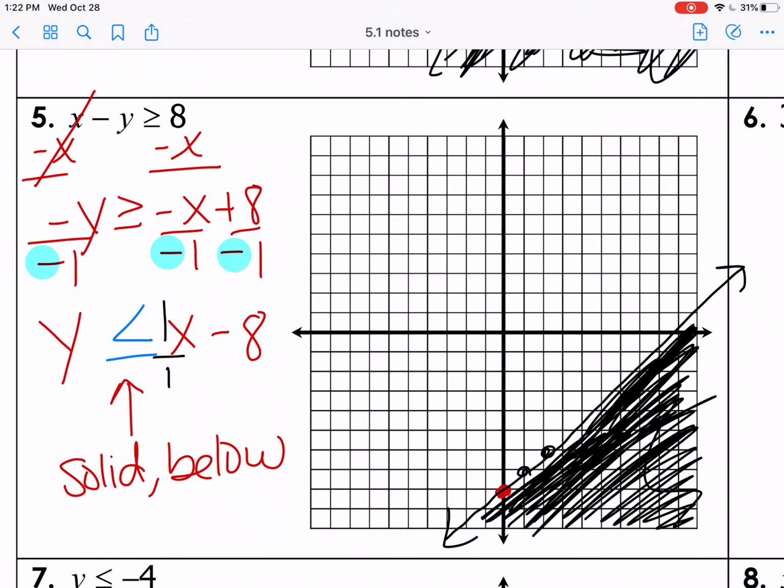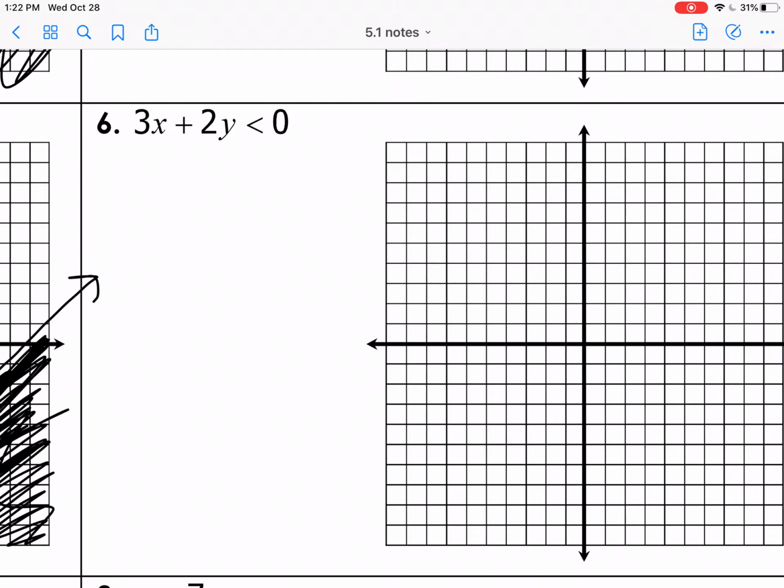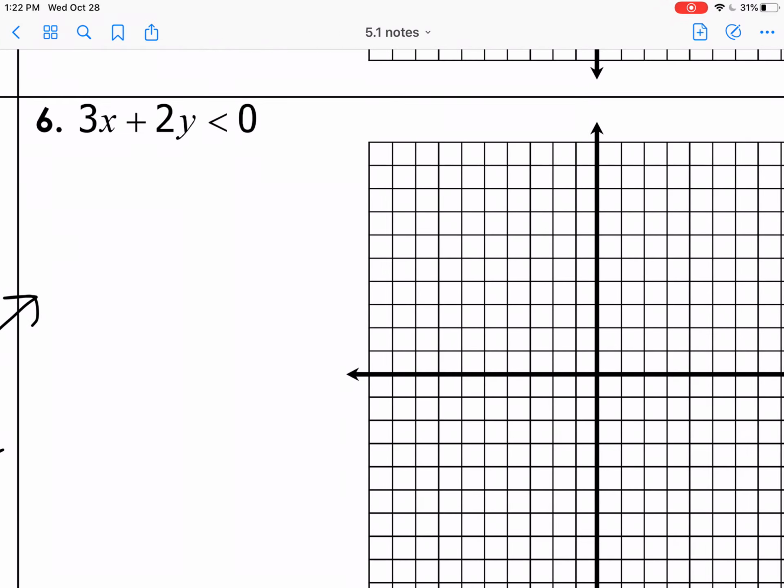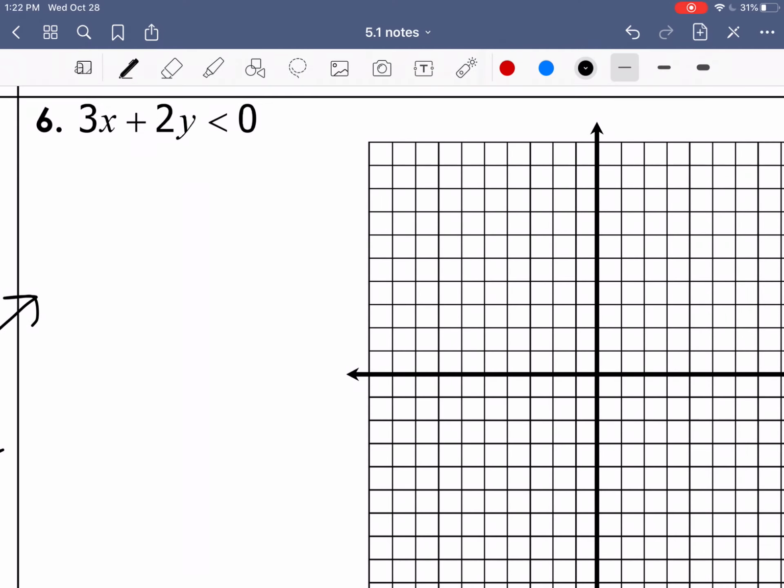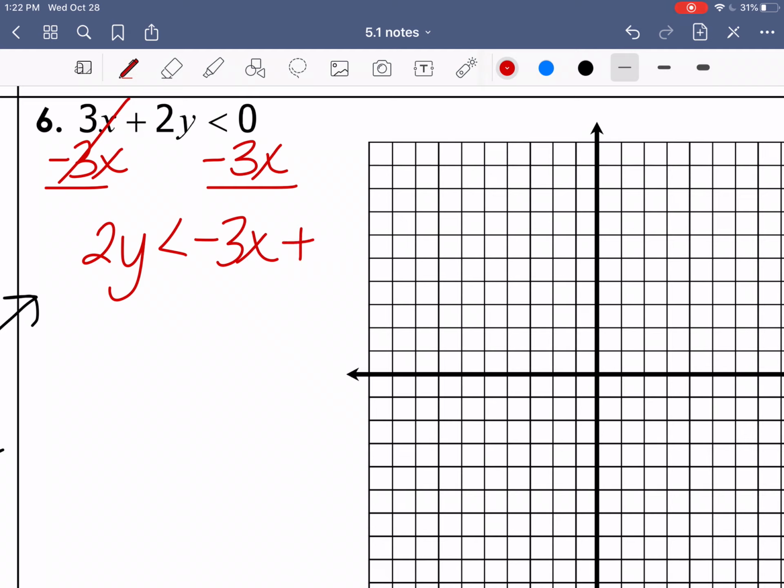Number 6, I want to make sure I do a 1 with 0, because I know that's something that is sometimes problematic. In standard form, we need to shift into slope-intercept. So we start by getting rid of our x value. We do not need to write the plus 0, that's just a placeholder, but I'll keep writing it.